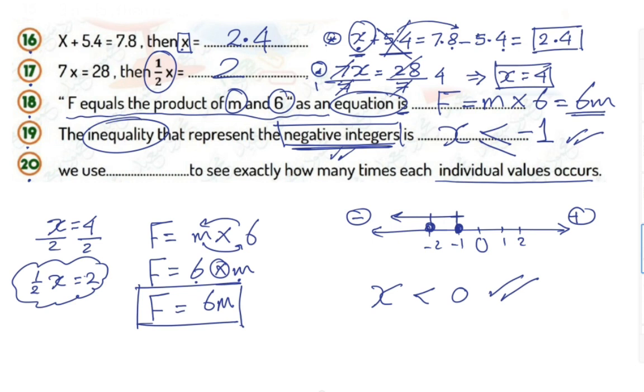Which graph do we use to see how the individual values occur? When you see the words individual values occur, of course, dot plot. Now we finished question number 2.